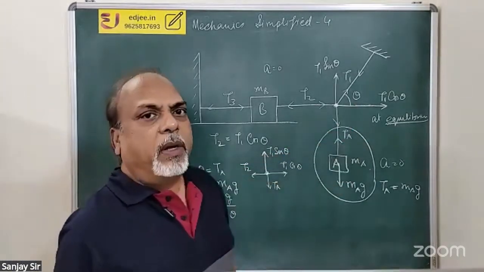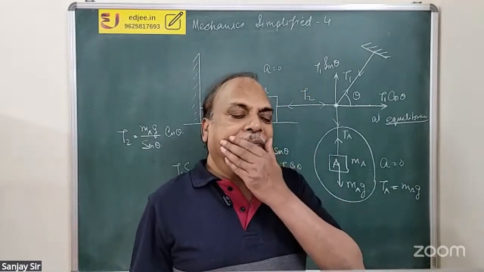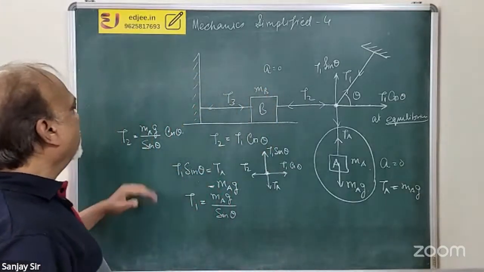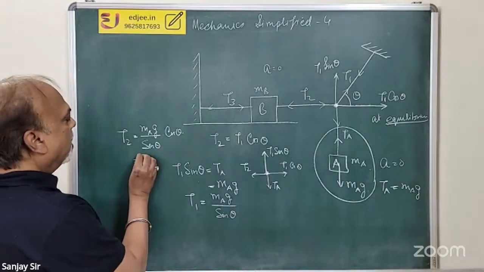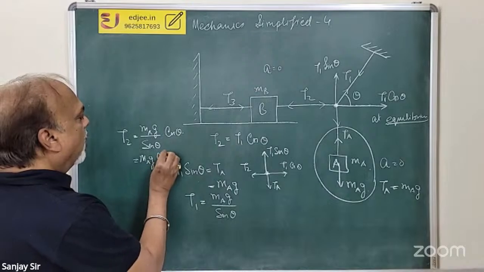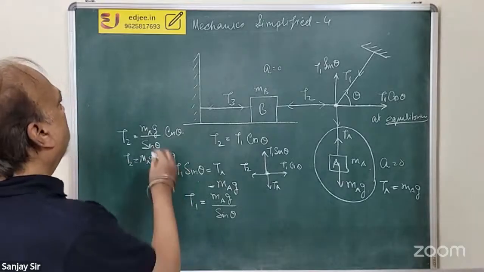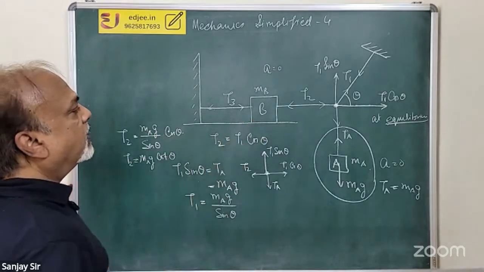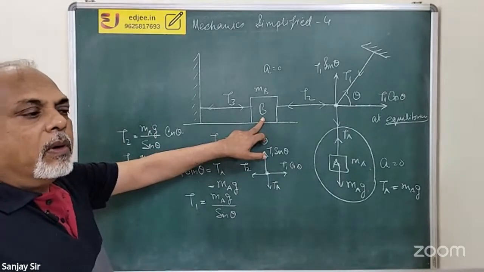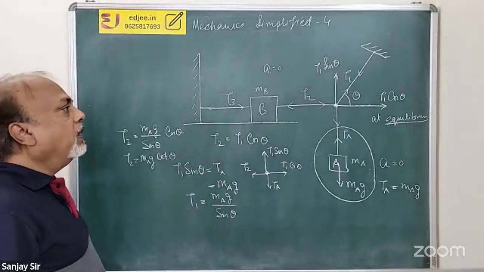Value of theta will be given in the question. Correct? That means this is nothing but MAG cot theta. If you make the free body diagram of this, since this is not moving, then what will happen?